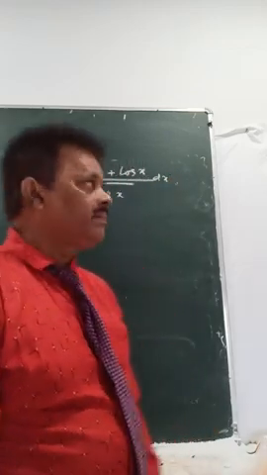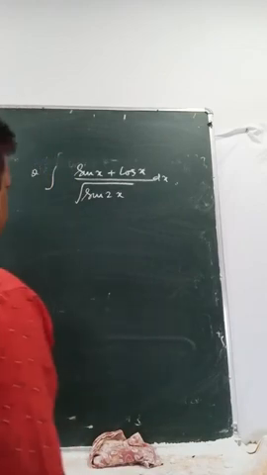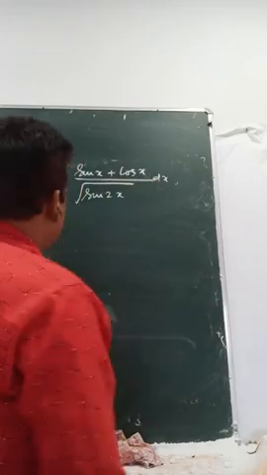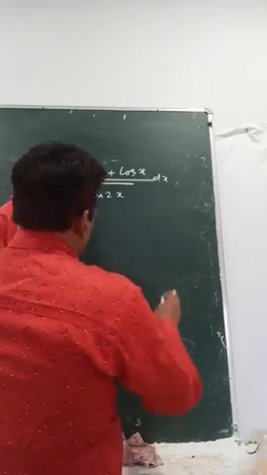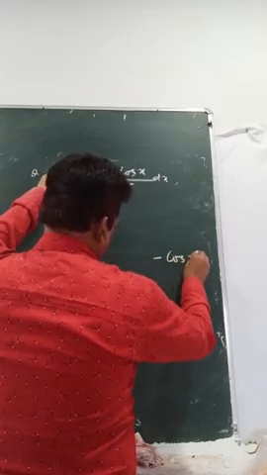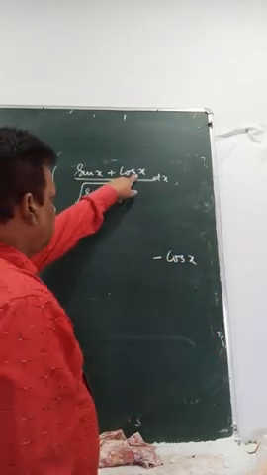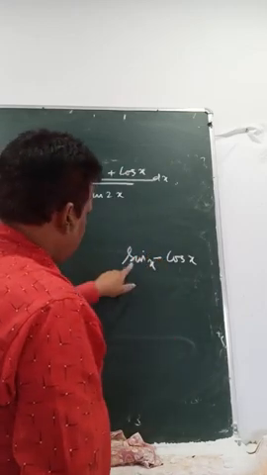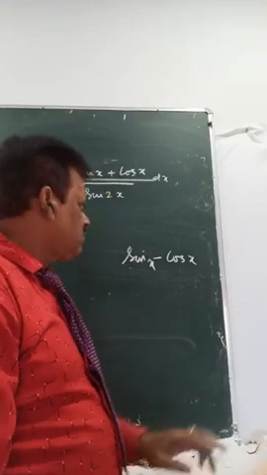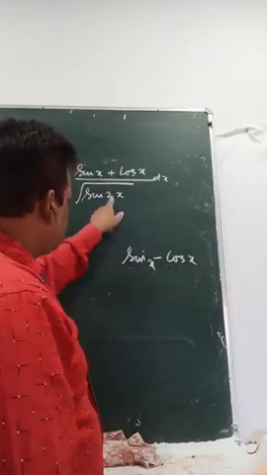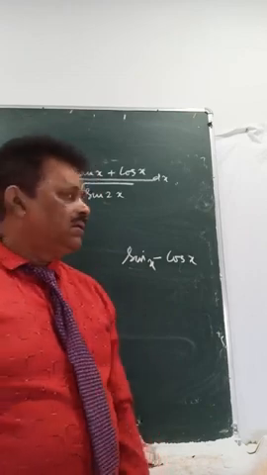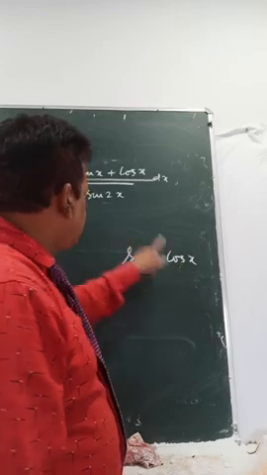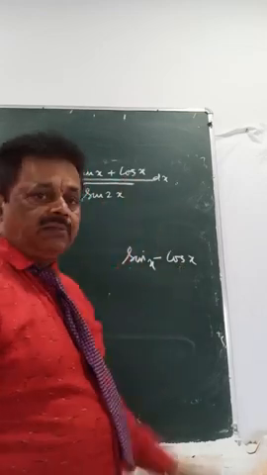How will you do it? See, you have to sort out whose derivative this is. Sin is whose derivative? Minus cos x. Cos is whose derivative? Sin x. That means this is the derivative of this part, sin x − cos x. So I have to create this one here. This creation is important for you. This is a very special question which you have to remember.